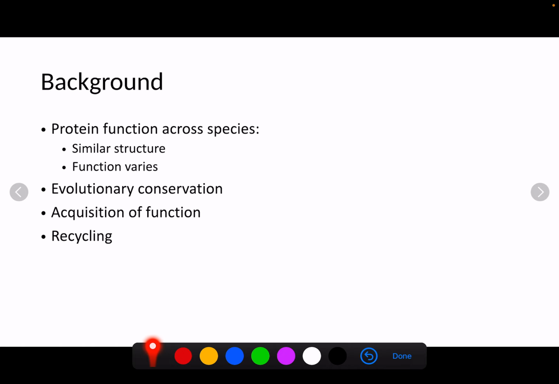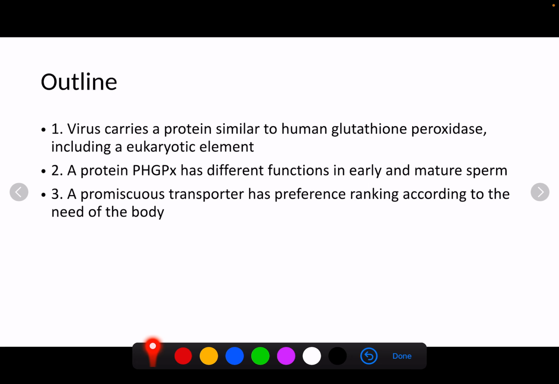We're going to talk a little bit about evolutionary conservation, or how the force of evolution plays between acquiring a function from another species and also the process of recycling. By recycling I'm talking about employing this one single protein in multiple places in the body.